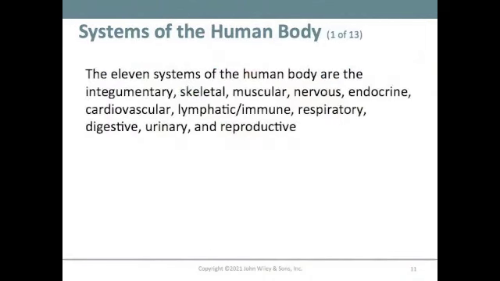So what you should know then is that there are 11 systems of the human body, and they're listed for you there: integumentary, skeletal, muscular, nervous, endocrine, cardiovascular, lymphatic, immune, respiratory, digestive, urinary, and reproductive.